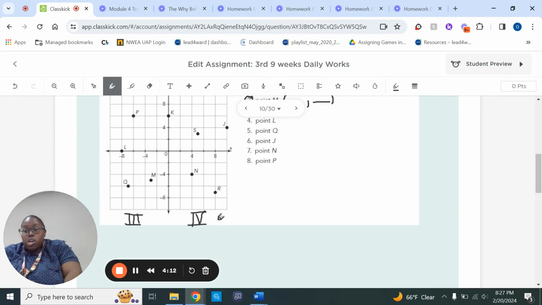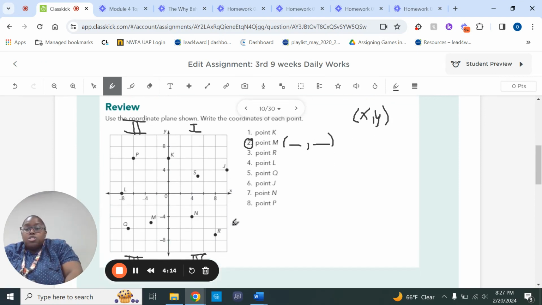There's only 4 quadrants. So if you kind of know what numbers each quadrant deals with, notice the signs that are in there. That will kind of help you understand what kind of numbers you need to be writing for your X and your Y coordinate. Now, I told you, for example, I am going to do M.